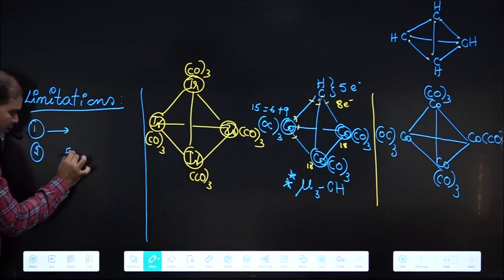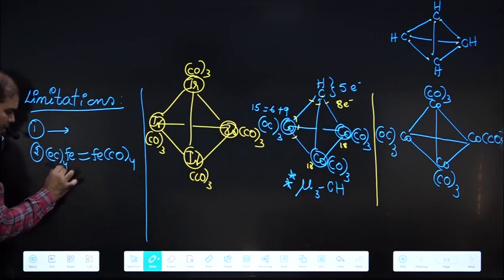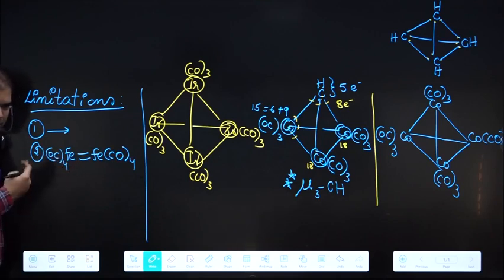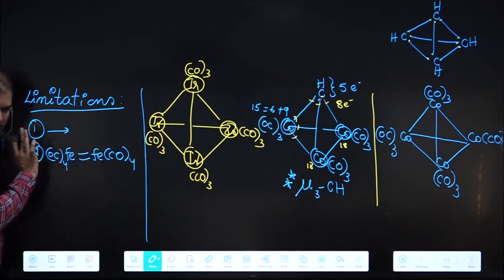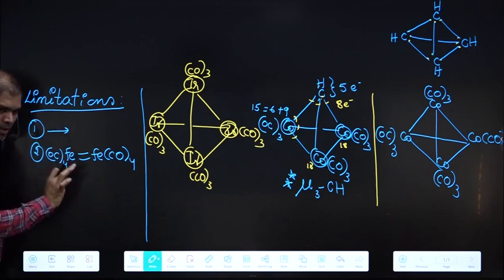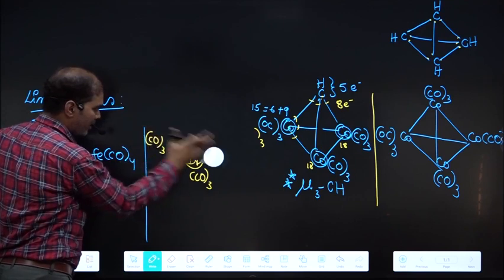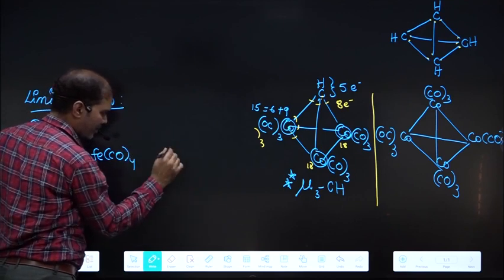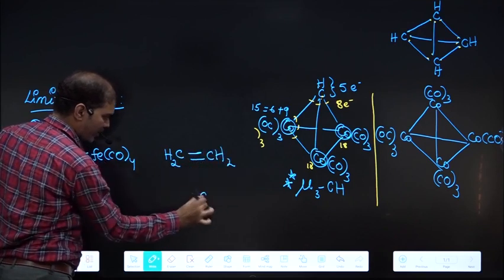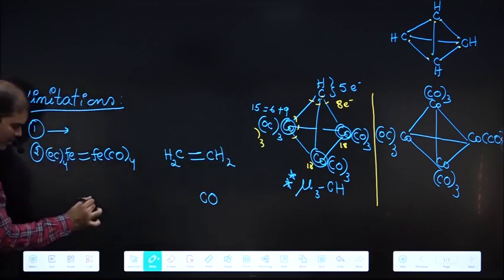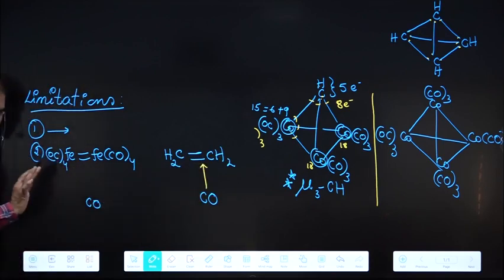Second very important limitation is when you combine 2 CH2s, what do you get? You will be getting ethylene. And whenever you combine 2 Fe(CO)4s, you get Fe2(CO)8. This is stable only at low temperature. So if I take ethylene and Fe2(CO)8 and add carbonyl to these, carbonyl insertion into ethylene is not that easy under normal temperature and conditions.